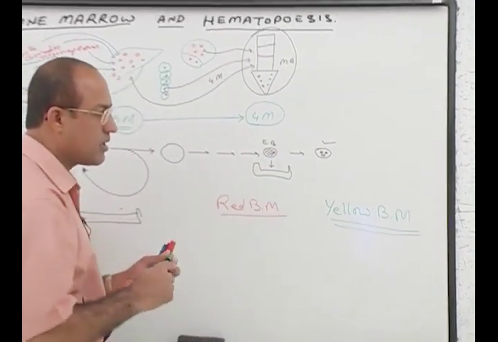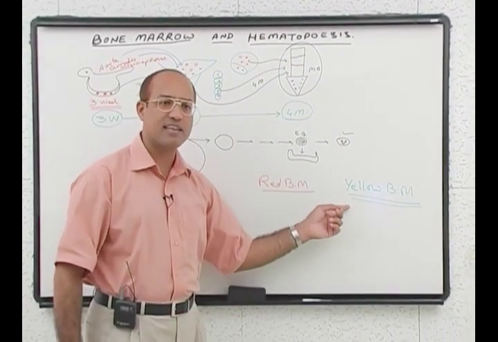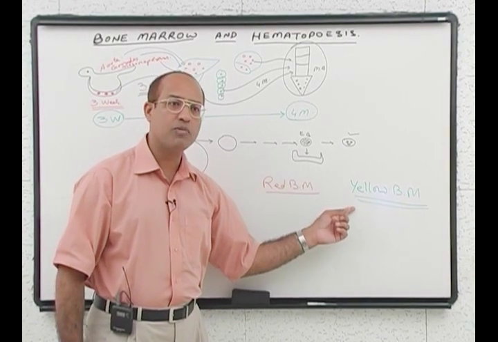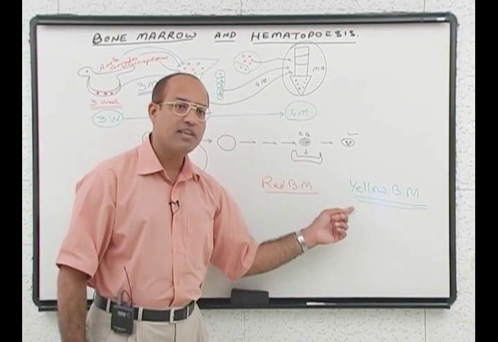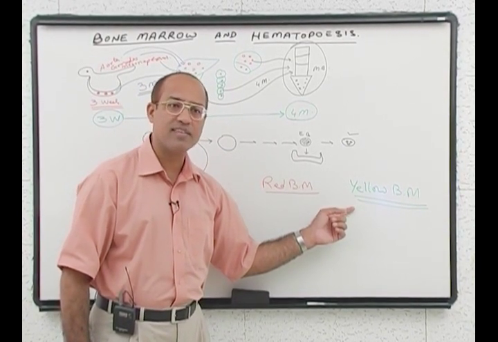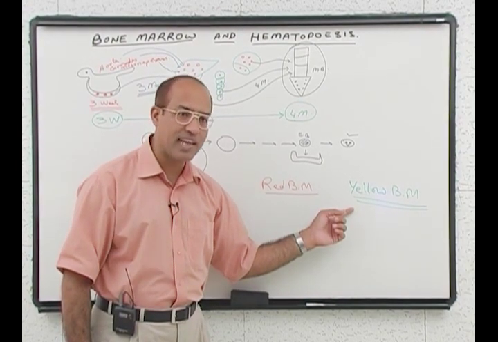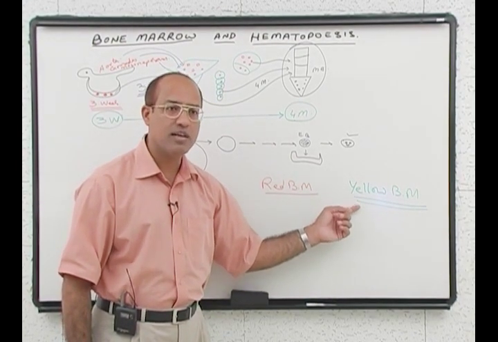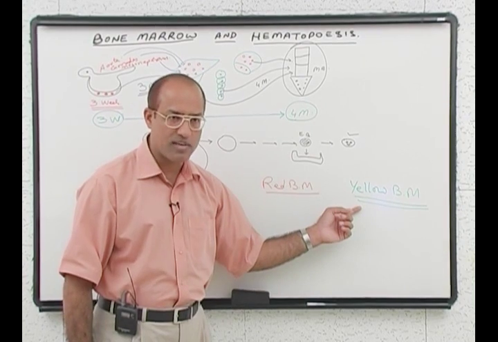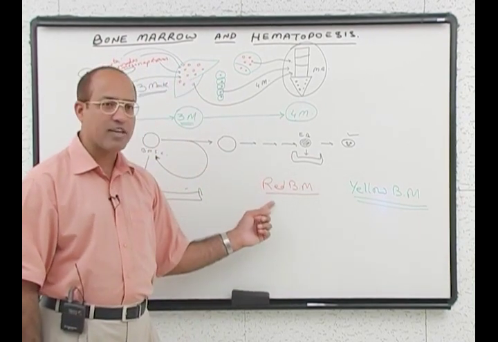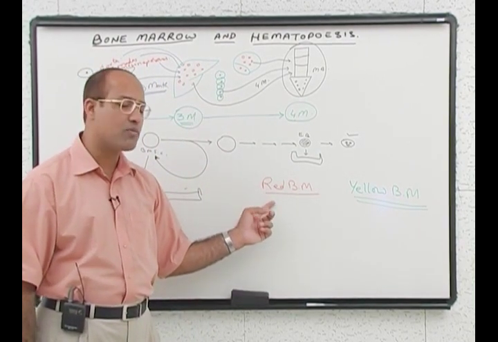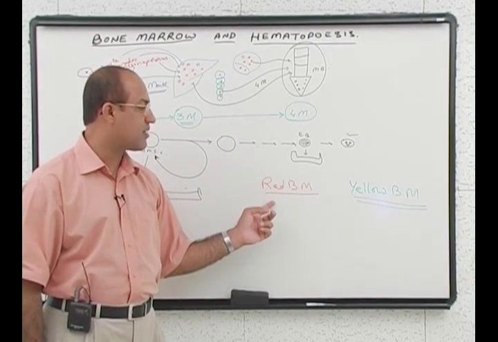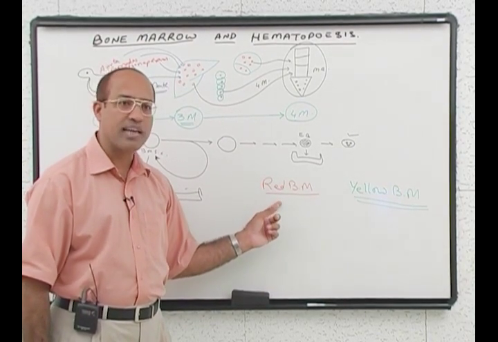Why is it yellow? The reason being, when bone marrow becomes inactive, it is populated with a lot of fat cells and hematopoietic cells are very few. Due to that reason, this bone marrow looks yellow. Opposite to that, active bone marrow, which is actively involved in the hematopoietic process, is highly vascular.